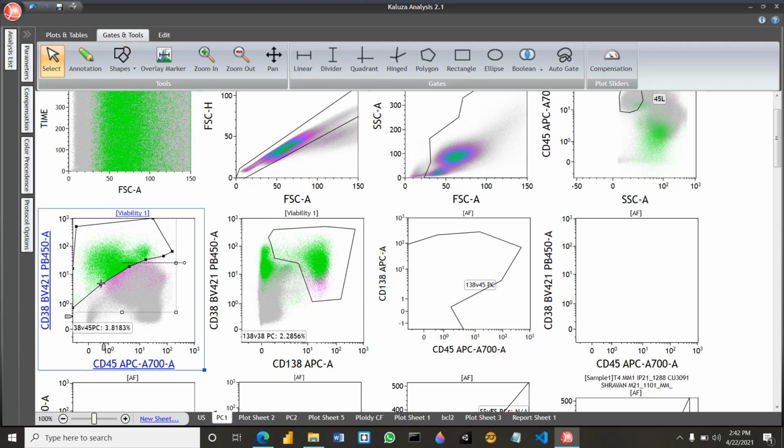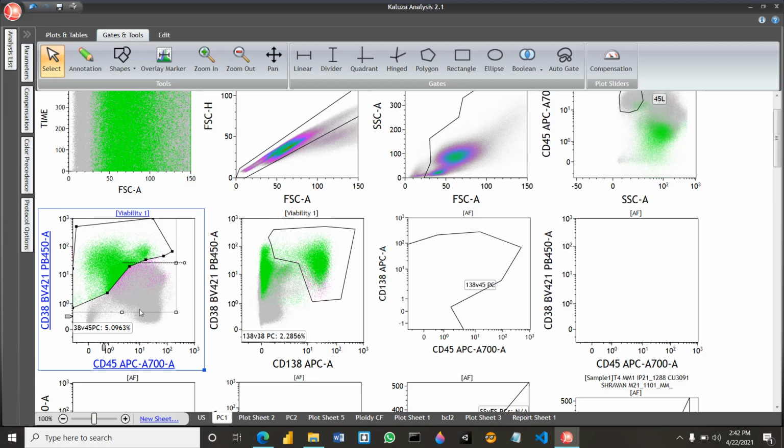And possibly in this population CD38 has been down regulated to some extent because they are coming here. But if you down regulate, you can see there are a few cells which are not plasma cells also getting in. So that means if we use only this gate, CD38 and CD138 looks pretty clear as compared to CD38 and CD45.